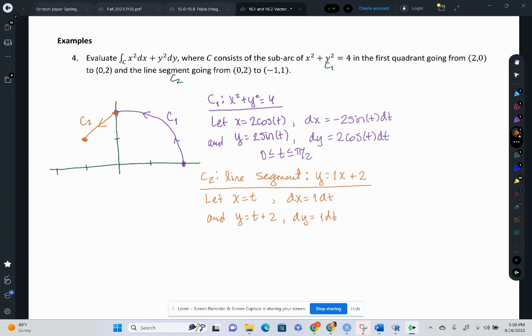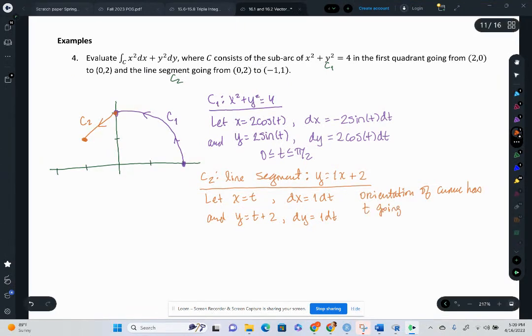That's kind of weird. We're used to setting up the orientation of the curve with t going from 0 to negative 1.